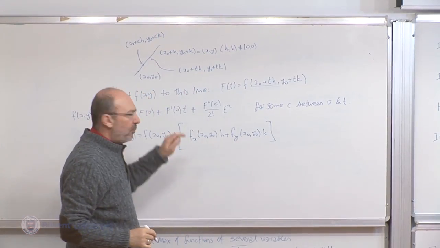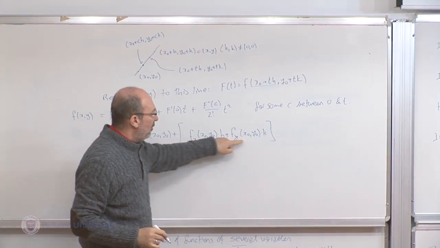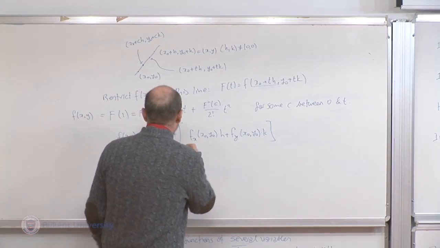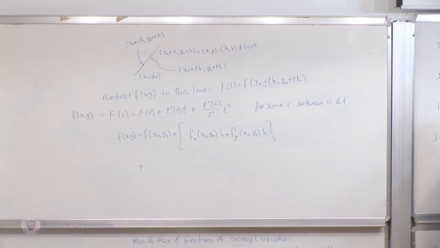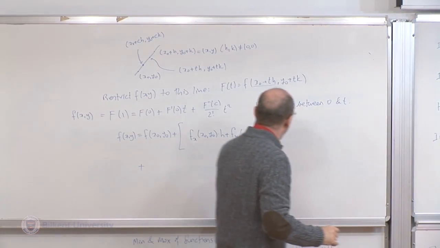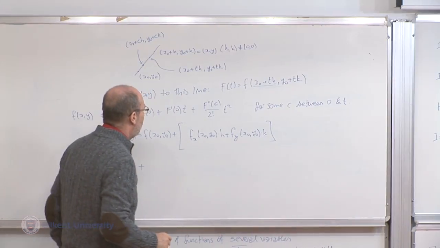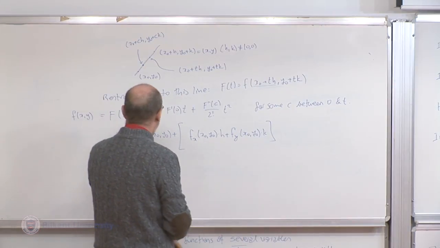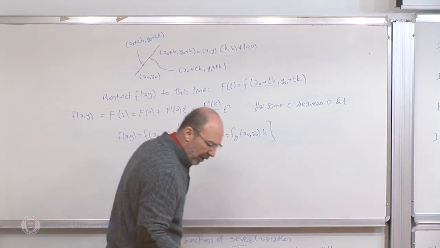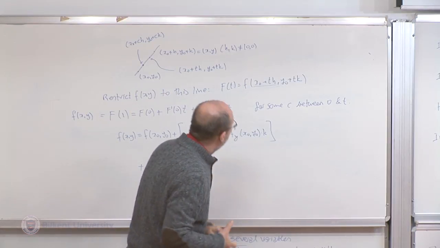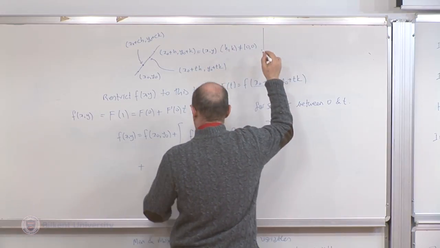If this is a critical point, this will vanish, just like in the other case. Now the crucial part is what will come in terms of the second derivative. So in order to take the second derivative of this, maybe I write the first derivative at some place, then I'll take it.